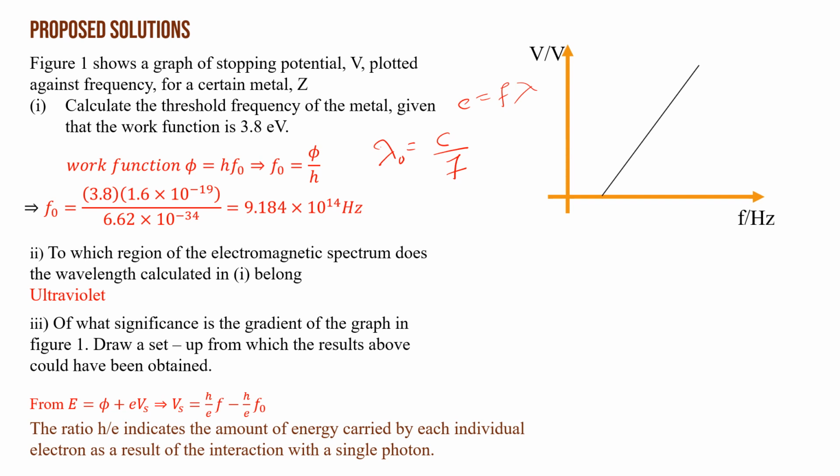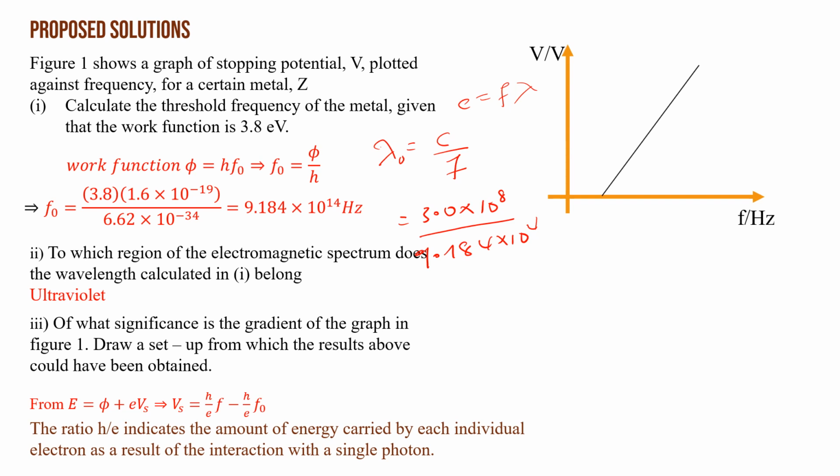So if we take the speed of light, which is 3.0 times 10 to the power 8, and divide by this approximated value of the frequency, 9.184 times 10 to the power 14, it's going to give us the value of the threshold wavelength.